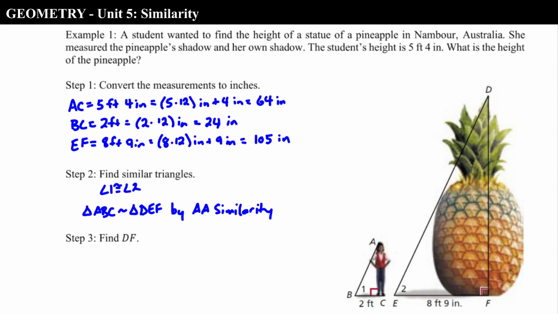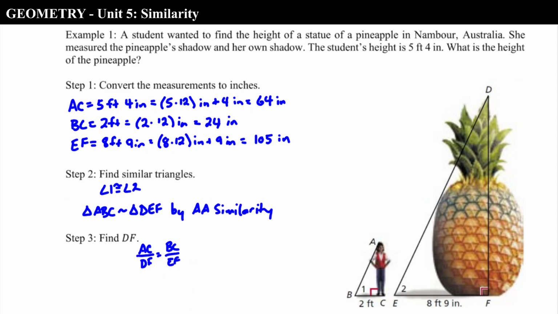Now let's find DF. Since we know that the triangles are similar, we can set up ratios and proportions that are the same. AC, the height of the person, is proportional to the height of the pineapple, DF. That is set equal to the length of the person's shadow being proportional to the length of the pineapple shadow.